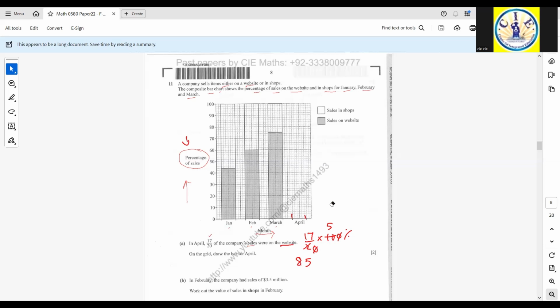That means for website, the height of this bar should be going up till 85%. So let me do it, up till 85. Here it goes.